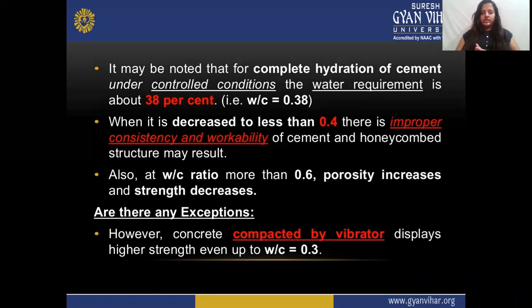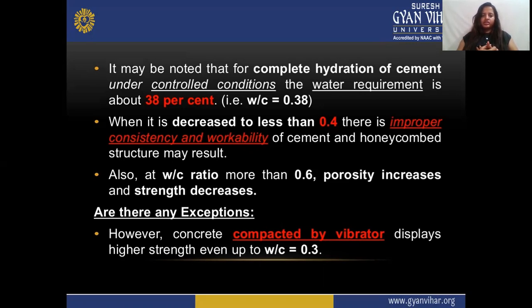We have already discussed that if there is excessive water, it can lead to bleeding, and if there is a less amount of water, it can result in improper mixing of the cement particles and cause fewer chemical reactions. When it is decreased to less than 0.4, there is improper consistency and workability of cement, and honeycomb structure may result.